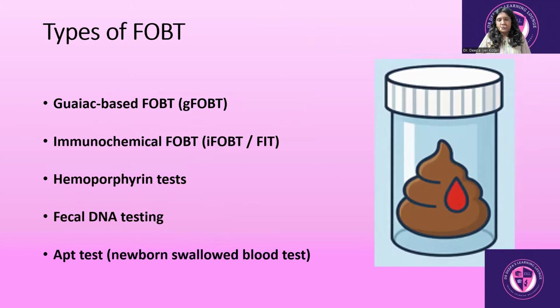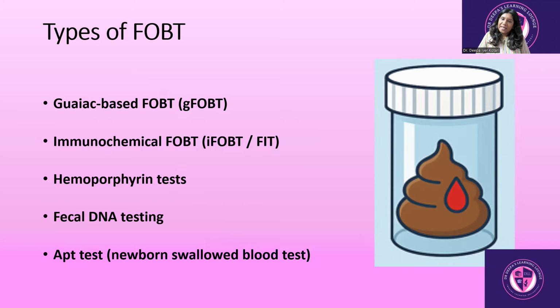So there are several kinds of occult blood testing. The traditional method is the guaiac-based fecal occult blood testing, which detects the pseudoperoxidase activity of the heme moiety. And we also have immunochemical or FIT testings that detect human hemoglobin specifically. The hemoporphyrin tests that detect porphyrins are useful in the upper GI kind of bleed.